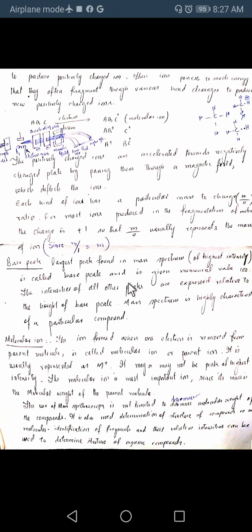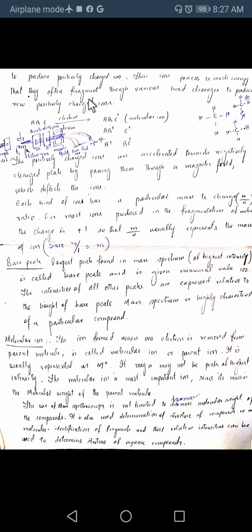They produce positively charged ions. These ions possess so much energy that they are fragmented. So it depends upon the energy of the electron beam.